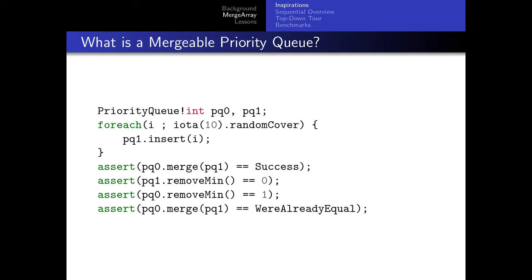You can define merges differently, where you would just move all of the items from one into the other, and then leave the other one empty or invalid in some way. But I found that this was the more convenient way to define this.